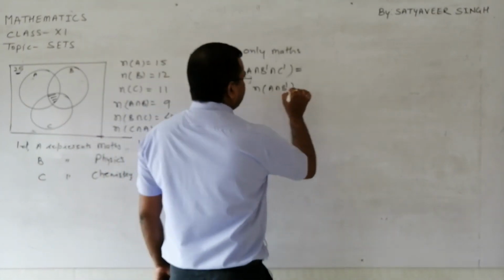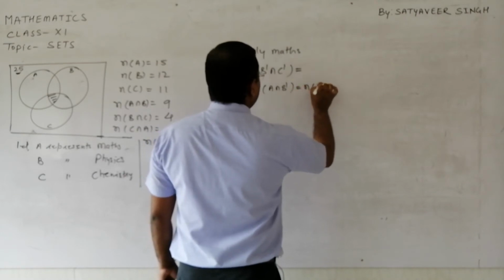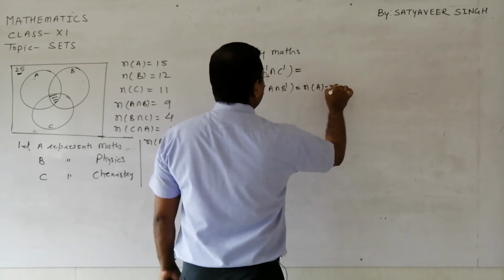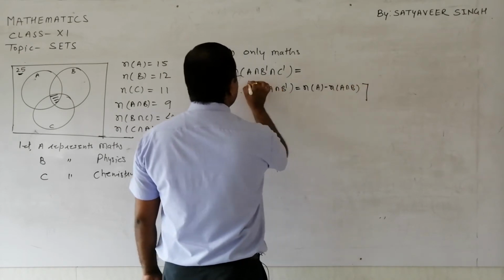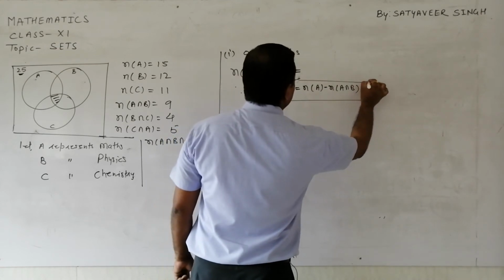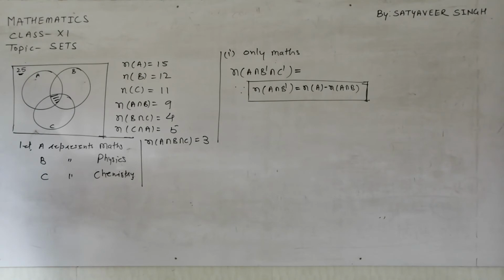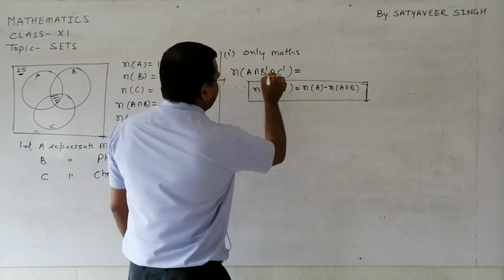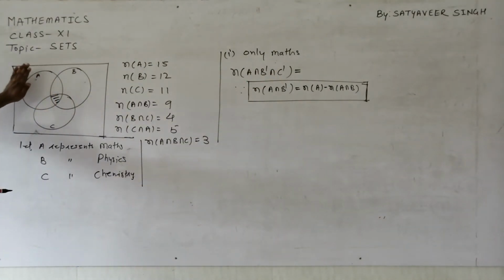It is basically A minus A intersection B. This result is there. So if you want to solve it further, you will have to apply this formula somewhere. We want to find the number of students who like only mathematics.